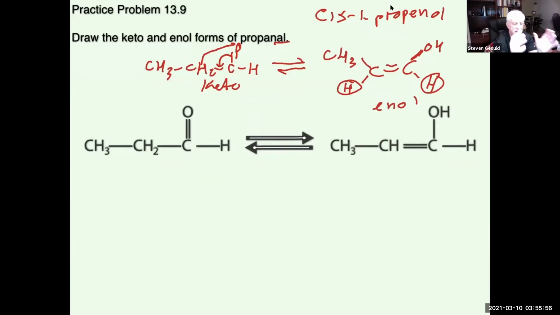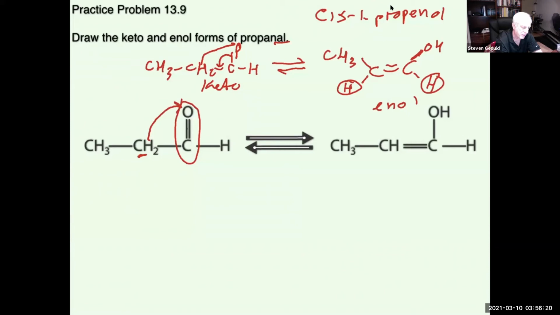I know there's a lot of material in the last part of this chapter, a whole lot of new material. But we'll go through a couple more examples here. So just got to remember, identify your carbonyl group. That's your keto form. Once you do that, you find your adjacent carbon and you take one of those hydrogens and it's going to attack that oxygen to form an OH group.